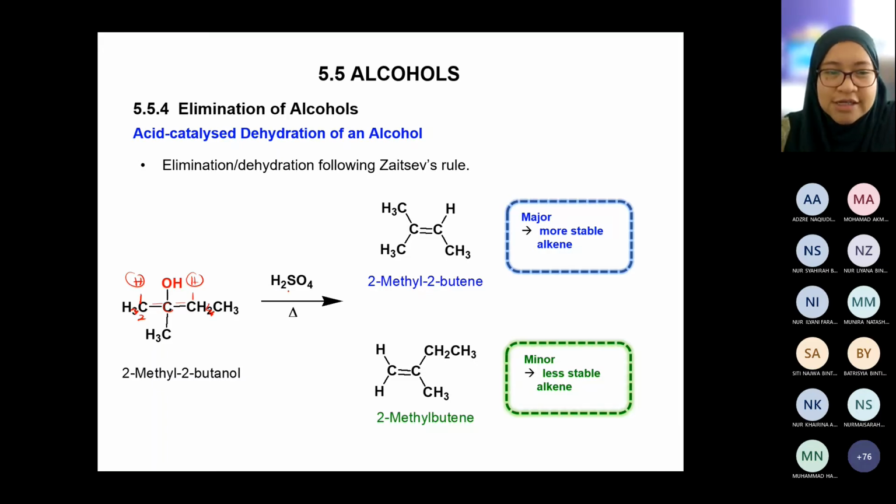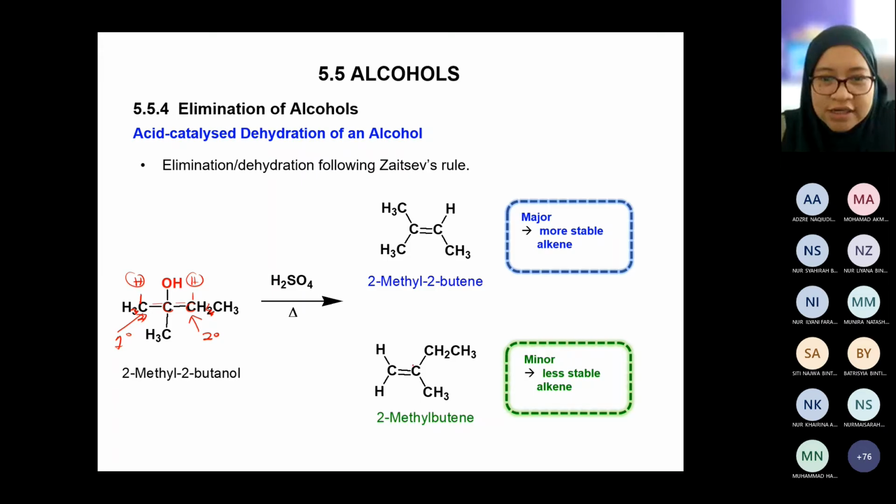But which one is the major? You have to identify. The easiest way is to determine that this carbon is secondary, and how about this carbon? This carbon is primary. So the double bond prefers to form at the secondary carbon, instead of here.